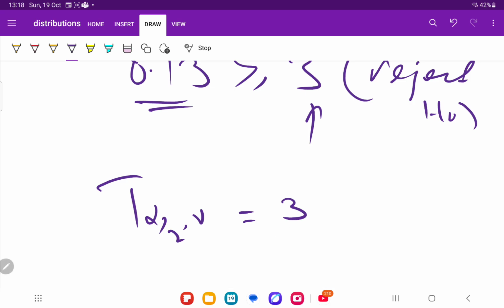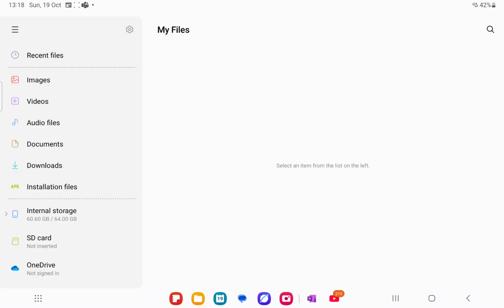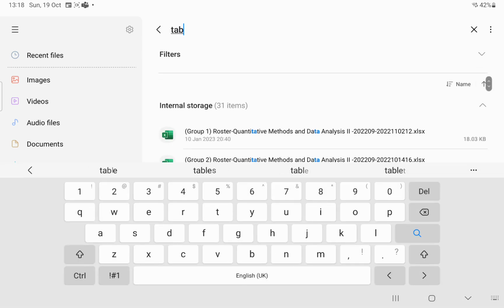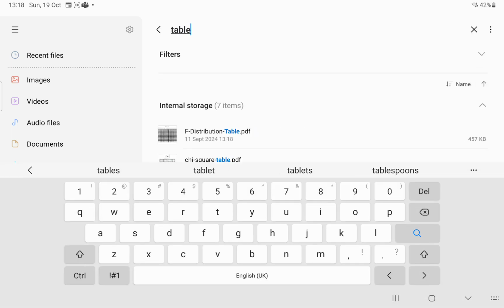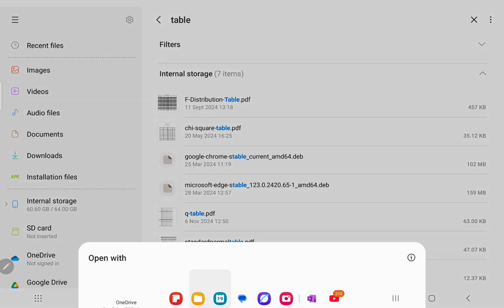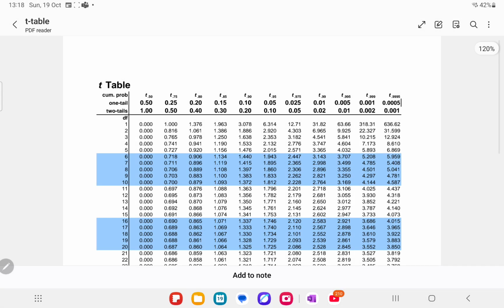Is it always the spread? No, it depends upon the T value. Let me tell you, I have the table here. Let me show you. So you could see here the T table.